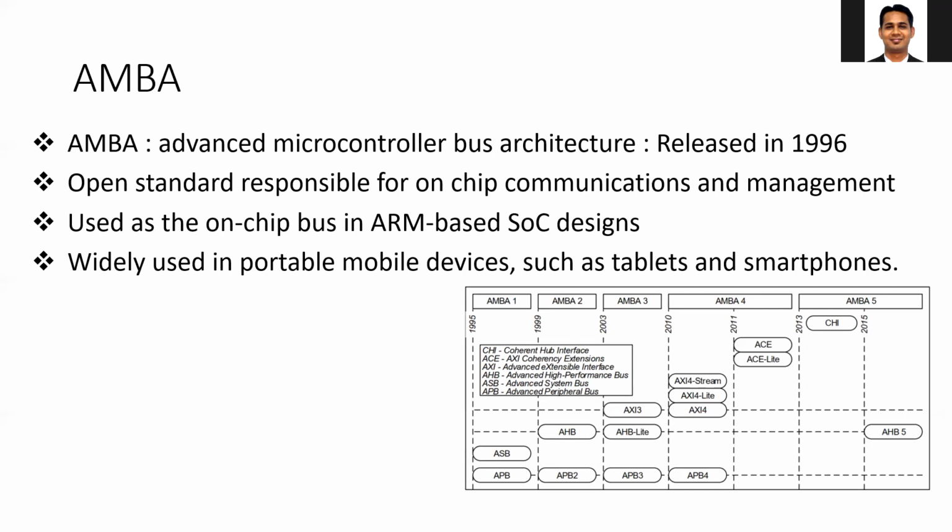In this case, they extended the APB. Then they have another version of AHB, the AHB Lite, which is the lighter version of the AHB in terms of complexity, but it also supports fewer features. And then they came up with the AXI, the Advanced Extensible Interface, in AMBA 3.